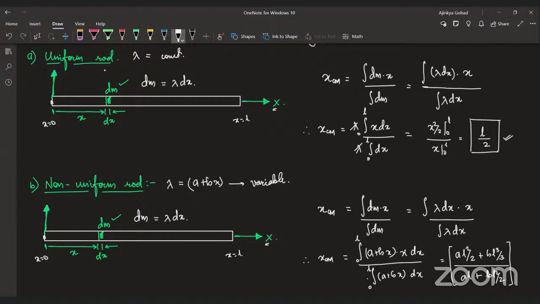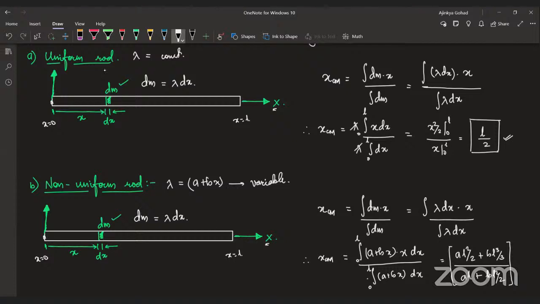Now, depending on the values of a and b, and everything, we can check where it will exactly lie. So that is about the non-uniform rod.